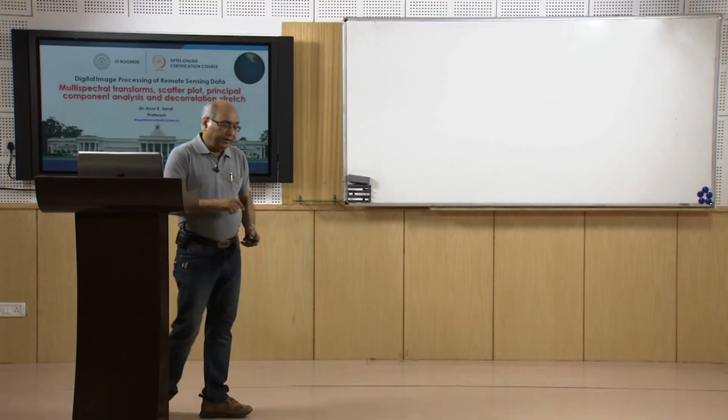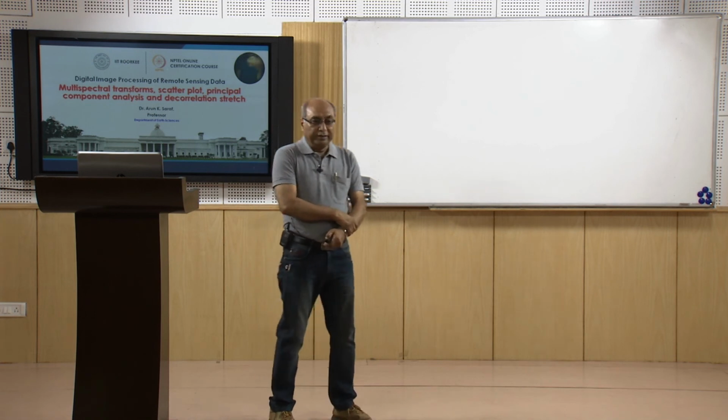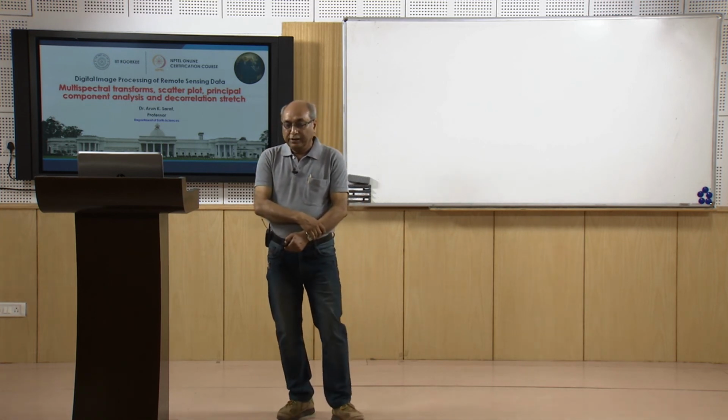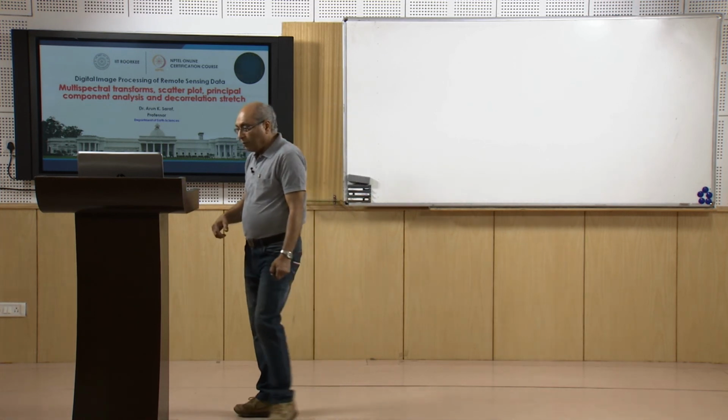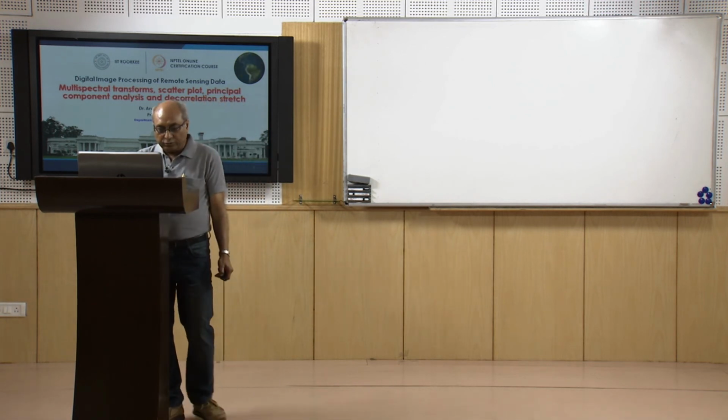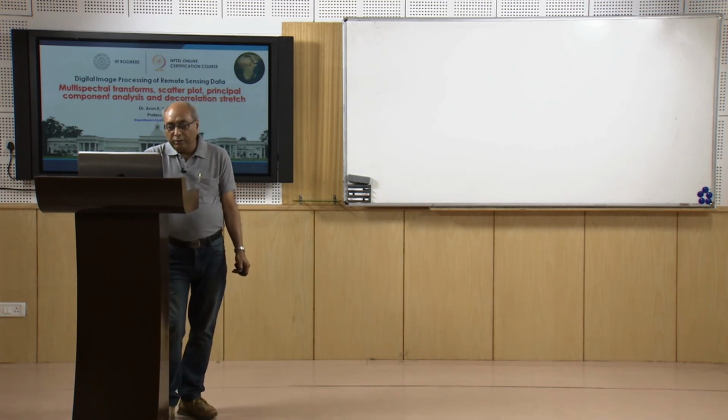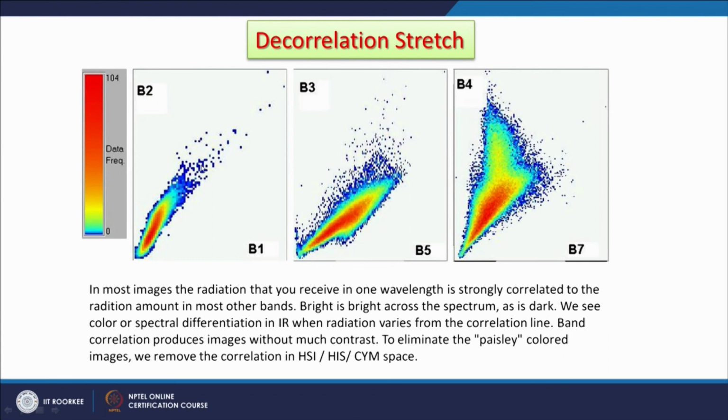Now the next step in principal component analysis is decorrelation stretch, which is again based on principal component analysis. An example is shown here, where the band 1 and band 2 scatter plot shows highly correlated data. What we can do is shift the origin as in principal component analysis, and then stretch along these axes to occupy the full range available for display.